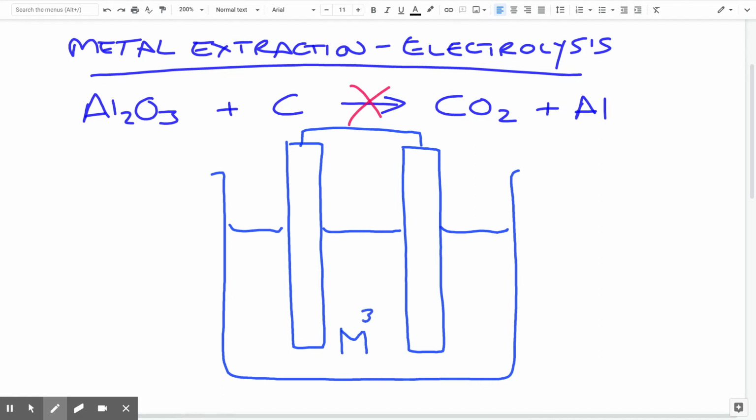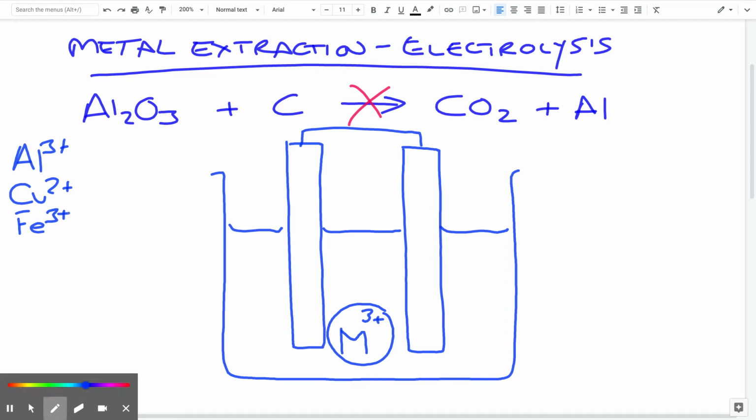I'll give it a 3 plus charge to allow it to be compared to the aluminium above. However, it is possible that this could be done with any metal in theory. So aluminium 3 plus in this example. We could also have done it with the copper 2 plus and also the iron 3 plus that we've looked at in previous carbon reduction reactions. But for this one, we'll just look at a generic metal 3 plus.